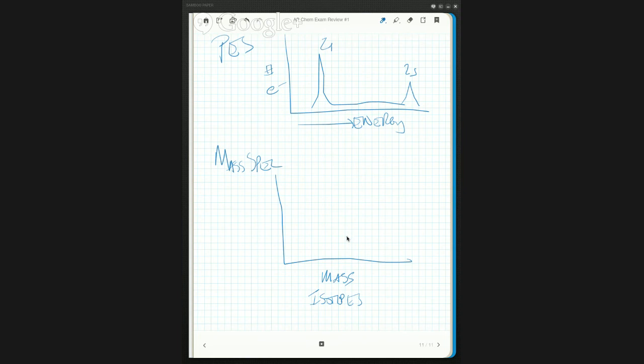It's not just one mass for all atoms. There's usually multiple atoms. And then very similarly to the number of electrons, you have abundance. Now, PES is for just the electrons, whereas the mass spec is for the mass of the whole thing, so to speak.